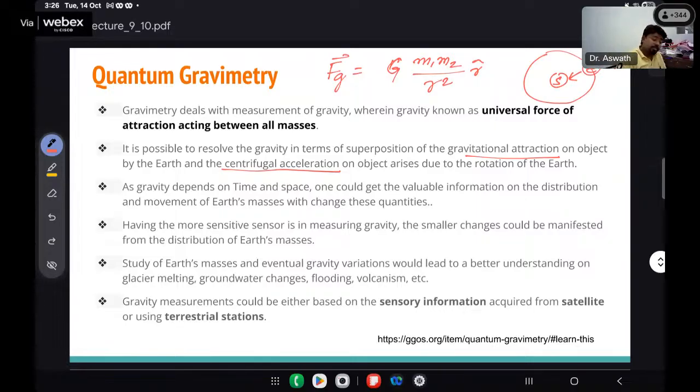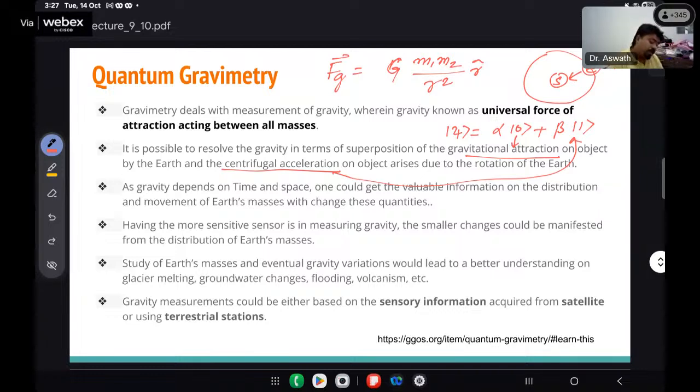You divide the gravitational attractive force towards the sun by mass, and you get the gravitational acceleration. Both of them are resolved, just like a quantum state is resolved into ground state and excited state, if you remember that. So here 0 ket stands for probably gravitational attraction, and 1 ket stands for centrifugal acceleration. That is what they were saying.